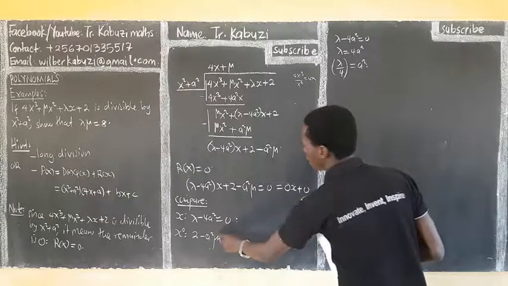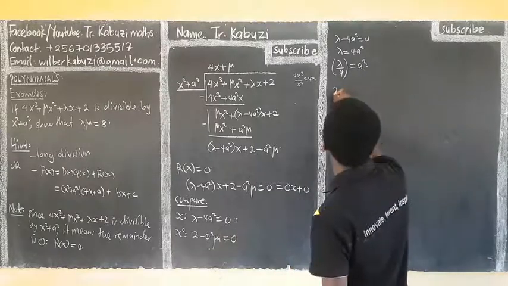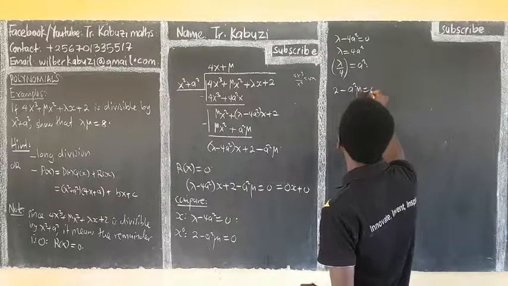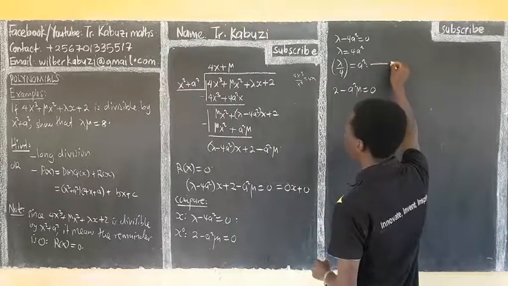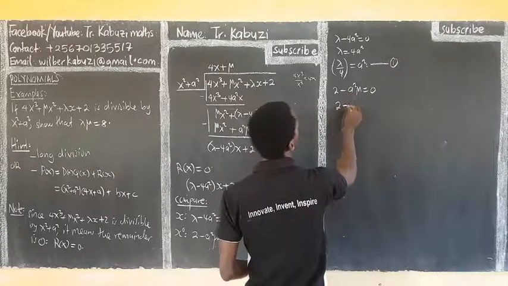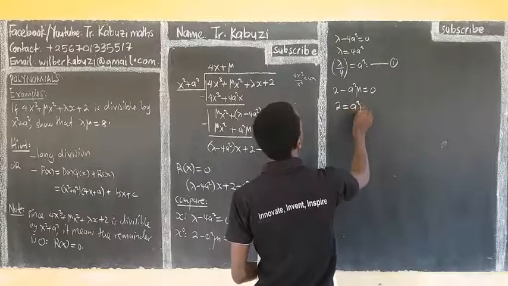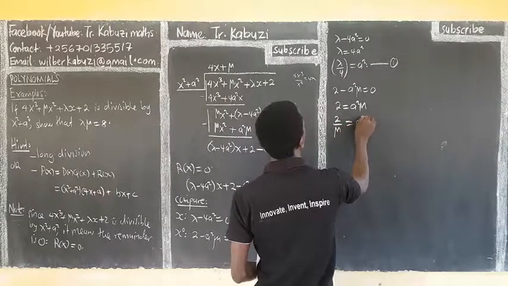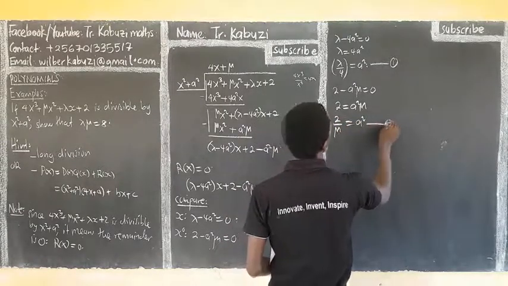Now I also come to this. From my 2 minus a squared mu equal to 0, I make a squared the subject, so 2 over mu is equal to a squared. I call the first equation 1 and this equation 2.